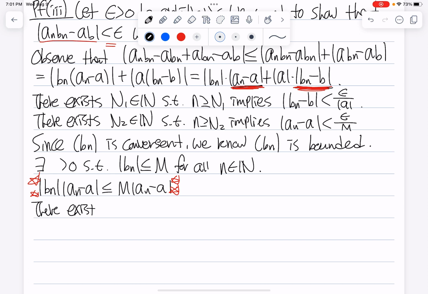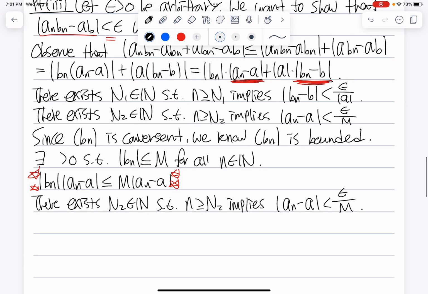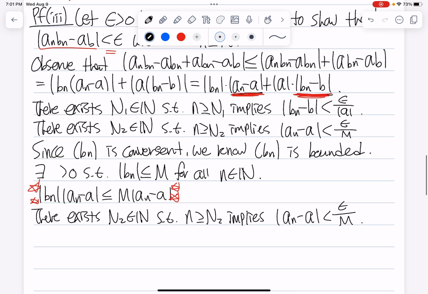So there exists N2 in the natural numbers such that small n greater than or equal to big N2 implies that |an - a| is less than epsilon over M. All right, we're almost done. So let N be the maximum of the two, N1 and N2.